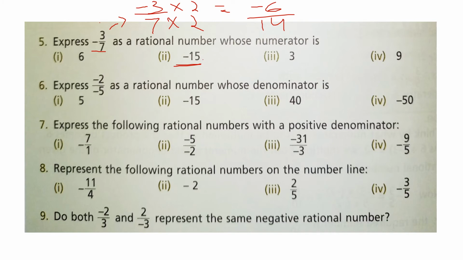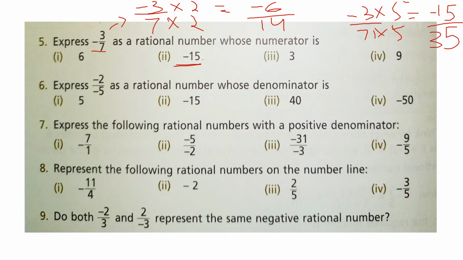So if we multiply 3 by 5, we get 15. For the second part, you have to multiply with 5, both in numerator and denominator. So it will be minus 15 by, and 7 5s are 35.